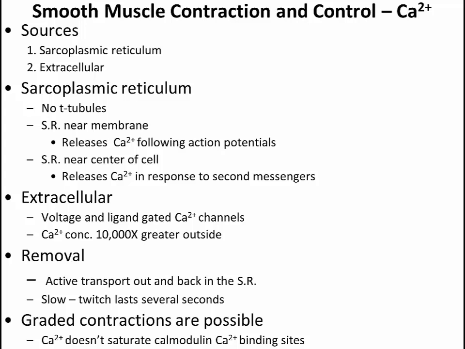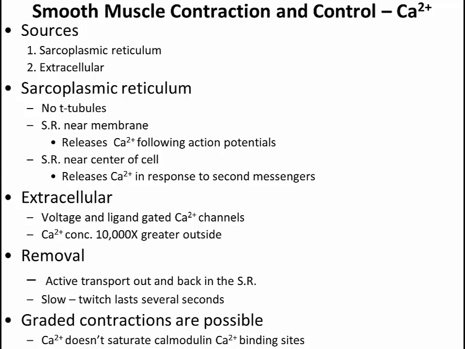So in this particular case, calcium is released in response to second messengers that are initiated either as a result of action potentials or ligand binding, for instance hormones or paracrine factors, to receptors that are found on the plasma membrane of the smooth muscle cell. So this is certainly different than what we saw in the case of skeletal muscle, at least in terms of the release of calcium as a result of second messengers.